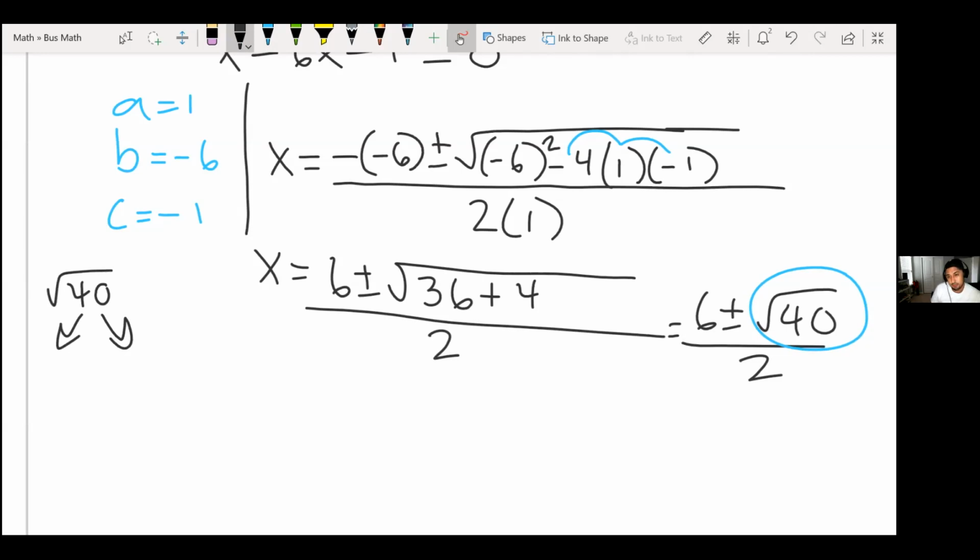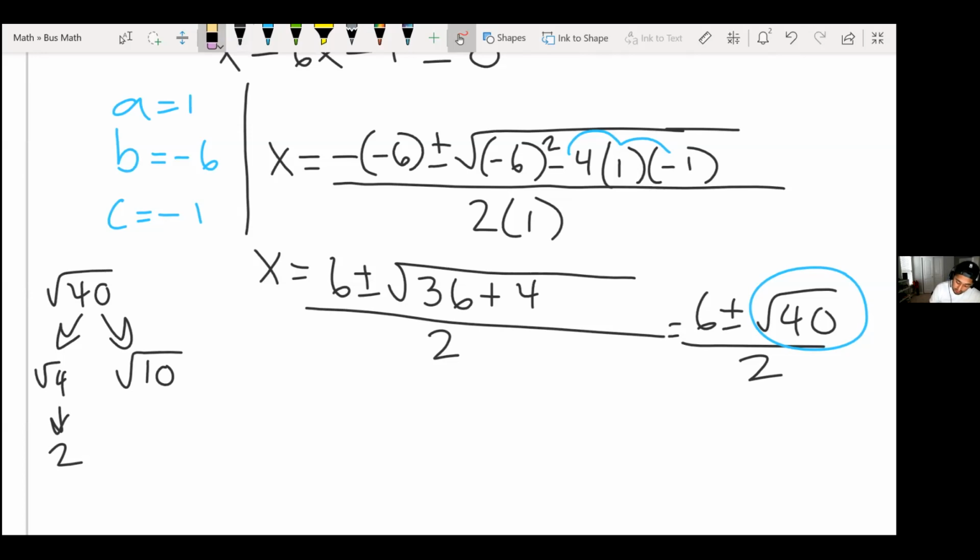Let's see, if you do 4 and 10, 10 becomes 5 and 2. So yeah, that's gonna work. So square root 4, square root 10. Square root of 4 is 2. Square root of 10 becomes square root 2 and square root 5. And we can't do anything with those, so we leave it as the square root of 10.